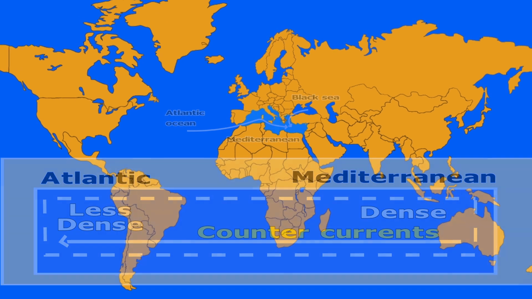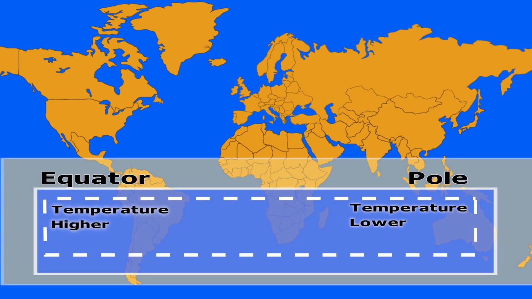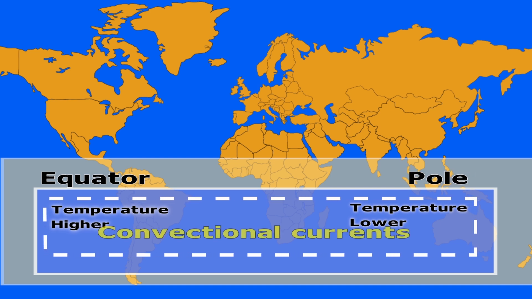Next one is the temperature. The temperatures are higher at the equator than the poles. Hence, the water in the ocean near the equatorial region is heated more than that near the poles. This unequal heating sets up convectional currents in the ocean.